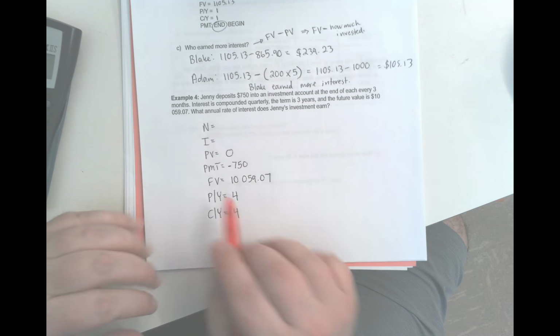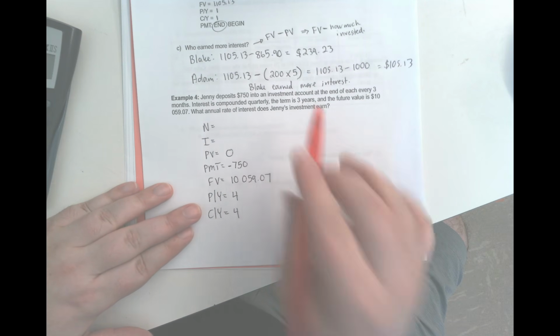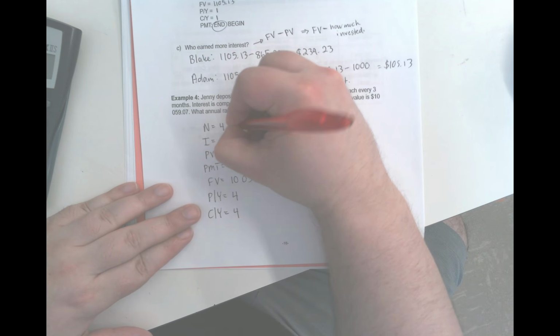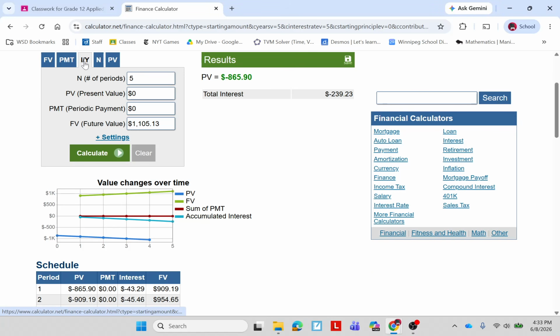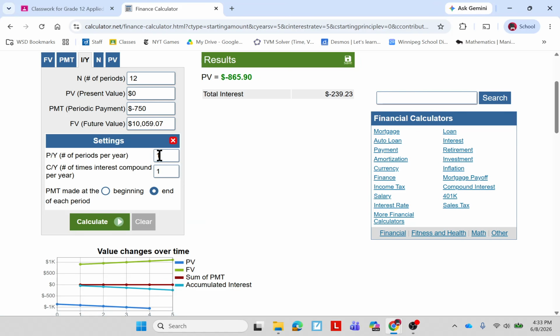And my N number, remember, is my PY number times the number of years, so that's 4 times 3, or 12 total payments. So now we're going to go ahead and calculate the interest rate. So we'll flip back over here. We're solving for the interest rate. Fill in our table. So 12 payment periods, present value 0, making payments of $750. Don't forget the negative. Future value is 10,059.07.